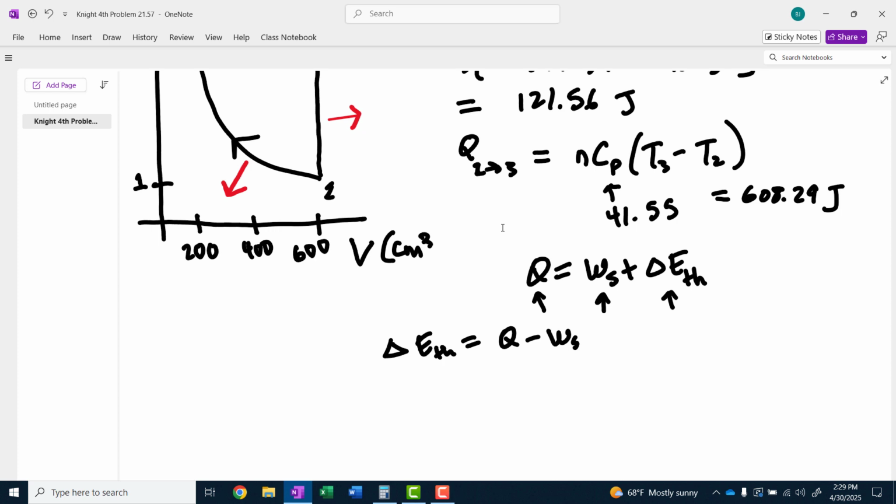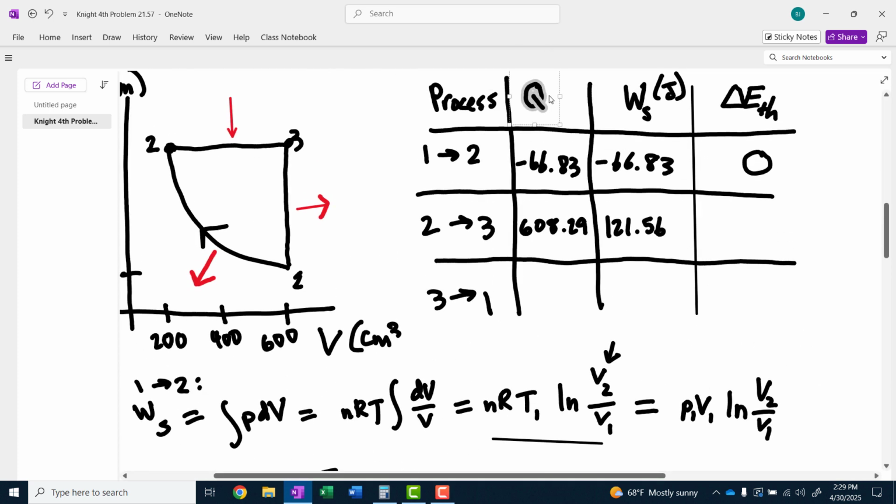So of those 608 joules, only 121 in this part were used for useful work, leaving 486.73 to raise the internal energy. We're making progress here. So the gas increased its energy, which means the temperature had to go up. We know the temperature goes up. It goes from 300 to 900.